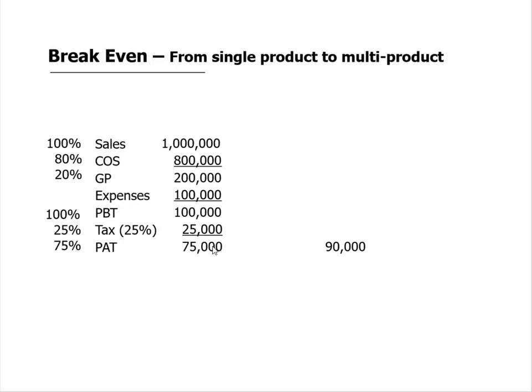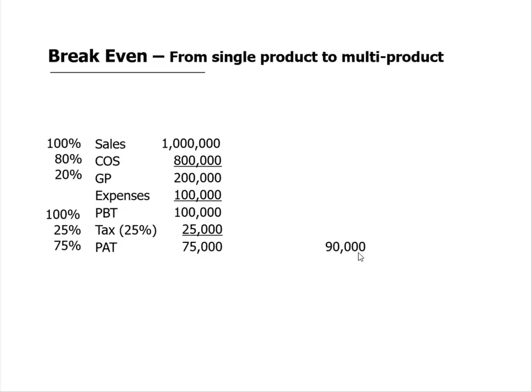Now, we cannot say 75,000 plus 25% to get up to 100,000, because mathematically that won't work. So we need a little trick in order to help us with this. If you test this on your calculator, if you take 75,000 and you divide it by 75%, you'll see that you get back to the 100,000.